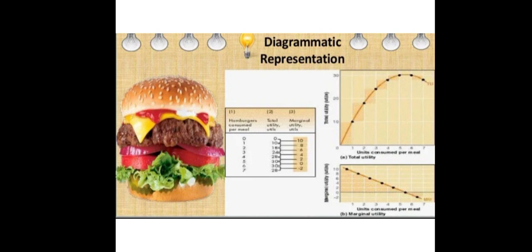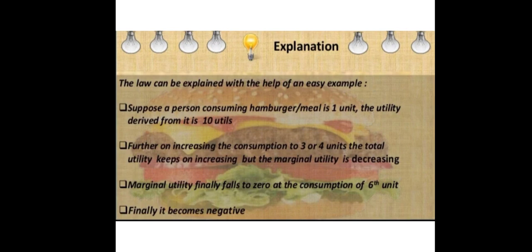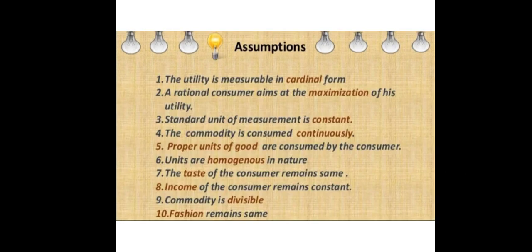It also becomes negative. Okay, so that is the diagrammatic representation and the tabular representation of total utility, that is TU, and marginal utility, MU. And there are also a few assumptions of this law. You know that in economics assumptions are a must. So what are the assumptions?